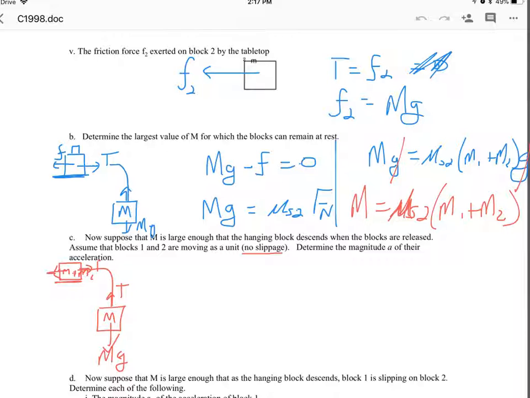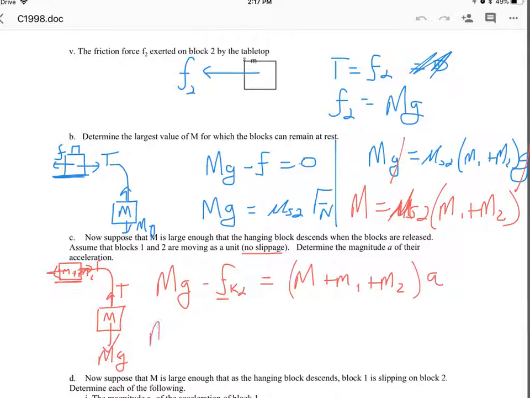So the net equation is big mg minus the kinetic friction 2, and that's going to equal MA. But the MA is going to be the total mass of the system that is accelerating. So we have big mass accelerating, we have mass 1 accelerating, and we have mass 2, all with the same acceleration. All right, so we can have the M's and the G's in there, but we can't have the F, so we have to make the substitution there.